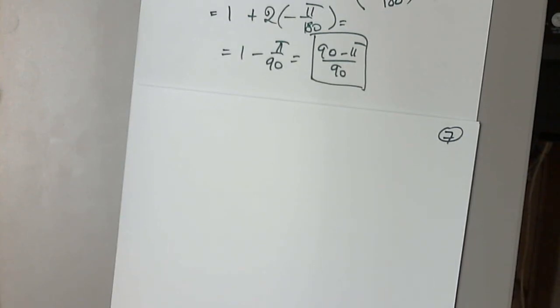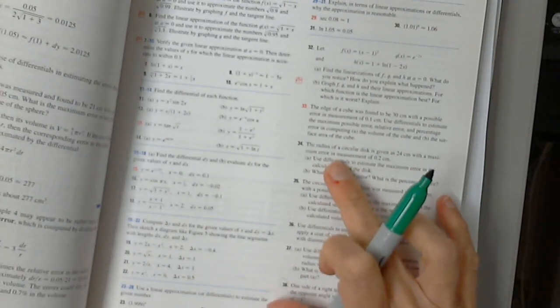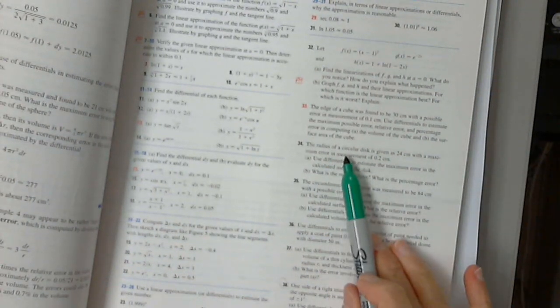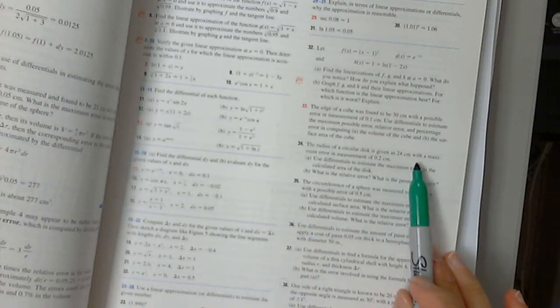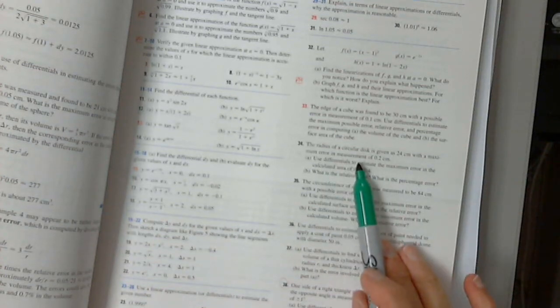So since I mentioned disks and stuff, let's look at 34. The radius of a circular disk is given as 24 centimeters with a maximum error in measurement of 0.2.